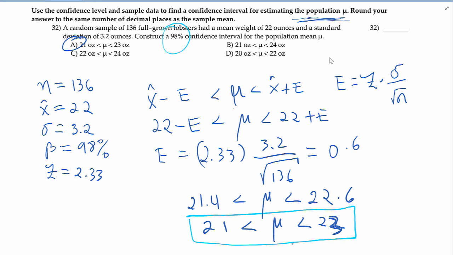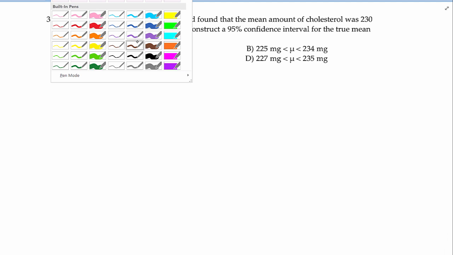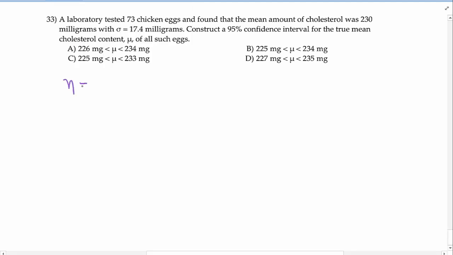Okay, so let's do another example. All right, so right here we took a sample of 73, that's kind of a large sample, from a population of chicken eggs, and found that the mean cholesterol level in the sample was 230 milligrams.